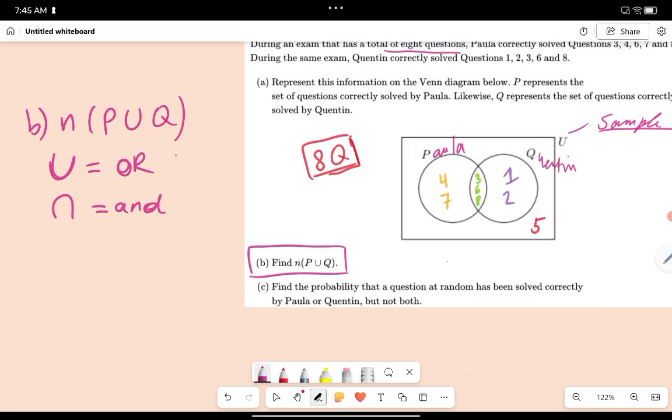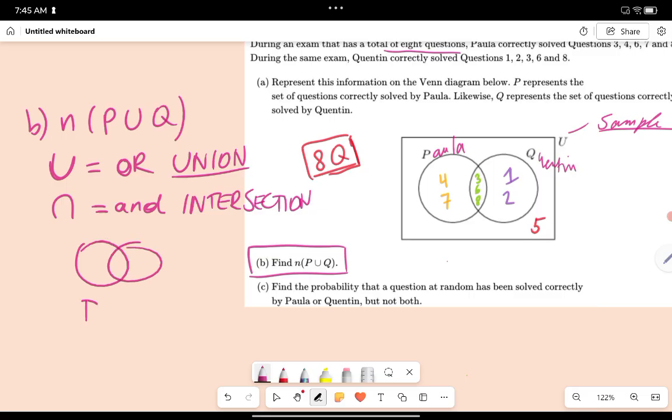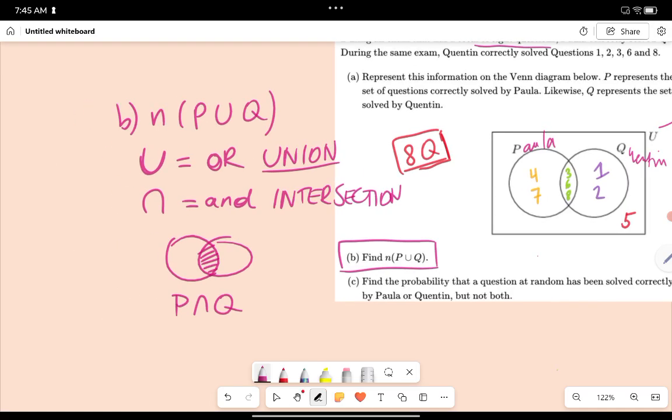So this is the union, and this is the intersection. So if I would have had P and Q, we would have had this stuff. But we are interested in P or Q. So P or Q is the union.